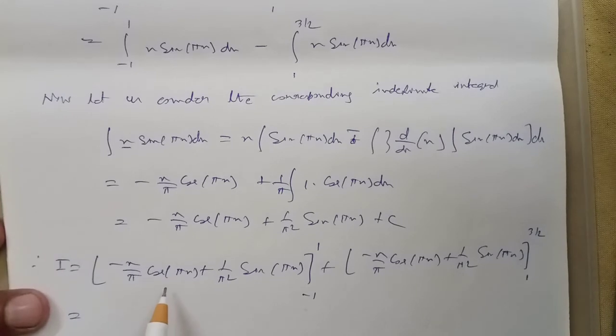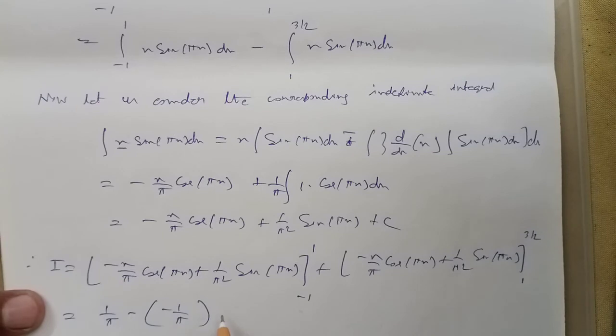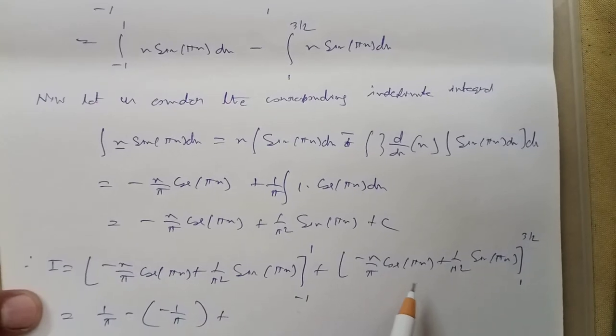So when we put 1 here, cos of pi is minus 1, that is 1 by pi. This sine term is 0. Then minus, we put minus 1 here, cos of minus pi is minus 1, that is minus 1 by pi. This again is 0. Then 3 by 2. So cos of 3 pi by 2 is 0.